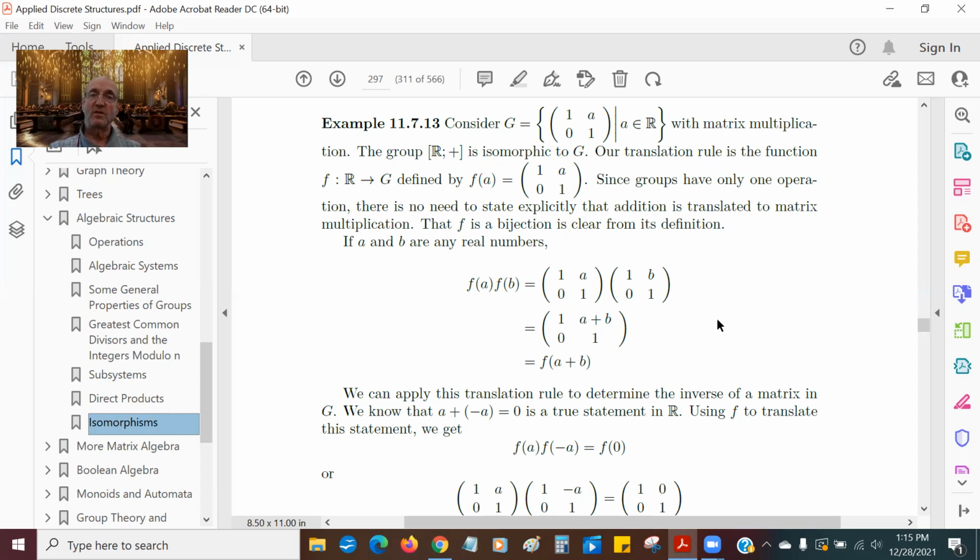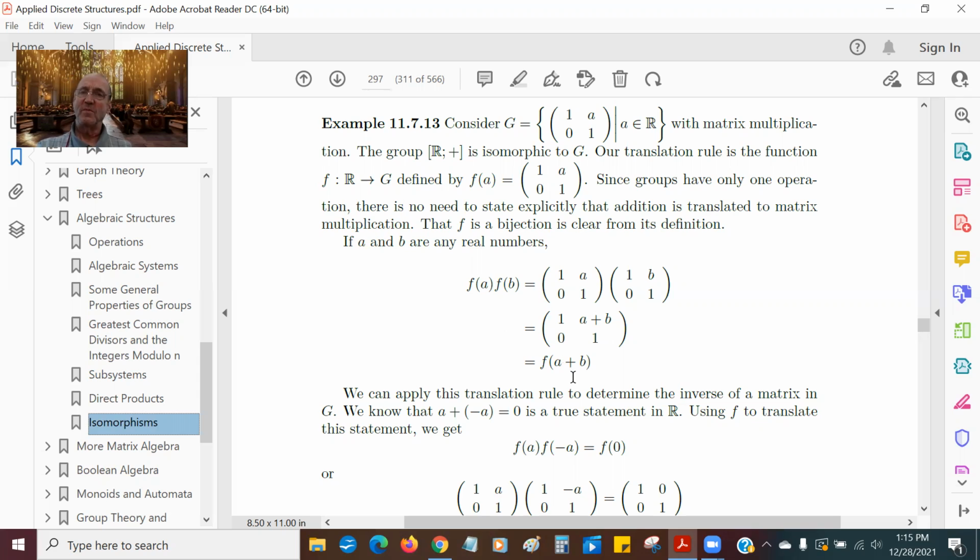So we see that, first of all, it's a very obvious simple one-to-one correspondence because A corresponds to the matrix 1 A, 0 1. That's easily a bijection. And we have this property that if I multiply F of A times F of B, it's the same thing as F of A plus B. This is multiplying and that's adding.